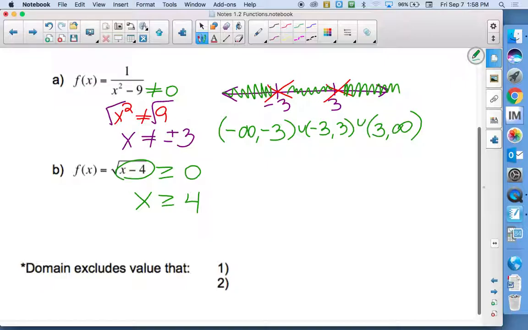A radical has to be greater than or equal to 0, or greater than or equal to 4. So in this case, here's my 4, greater than or equal to, would say that it's allowed to start at 4, and it can be 4. 4 minus 4 is 0. You can take the square root of 0, and it can go to infinity.